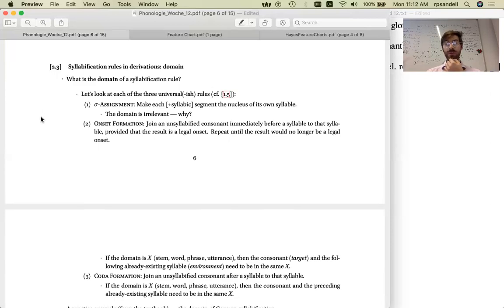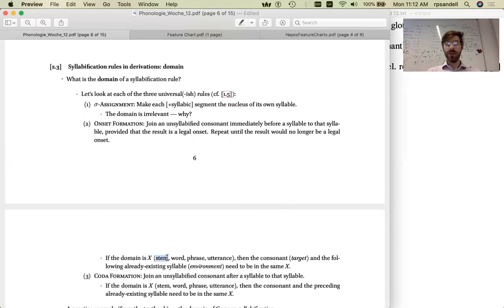Because sometimes in certain languages, syllabification can apply across larger boundaries, not just inside the morphosyntactic word, as we've been working here, assuming that it corresponds to a phonological word, but also across morphosyntactic word boundaries. That is, if processes of onset formation and coda formation are bounded in some way, then they might affect where the syllable boundaries are going to be.